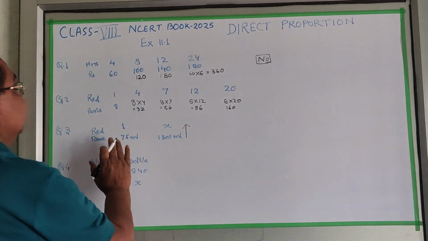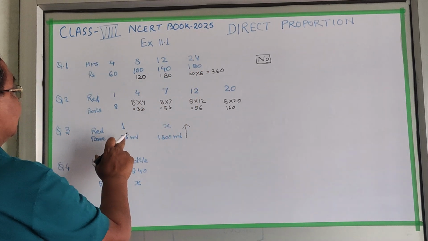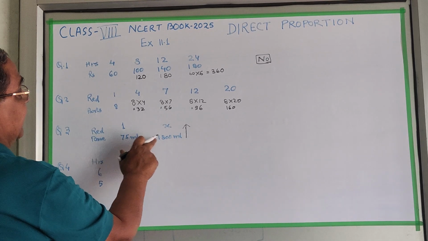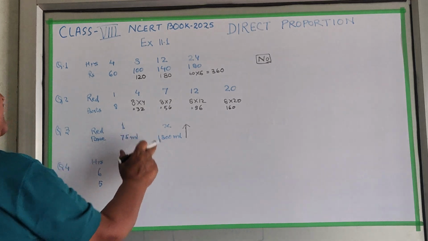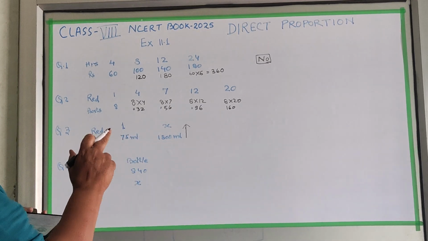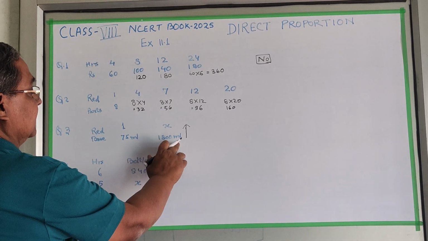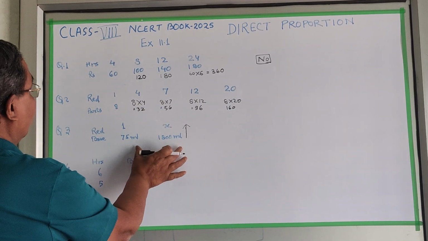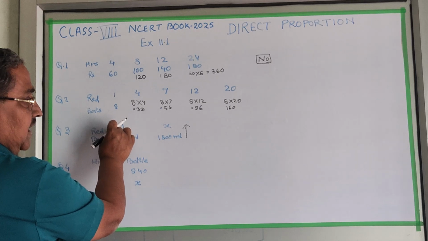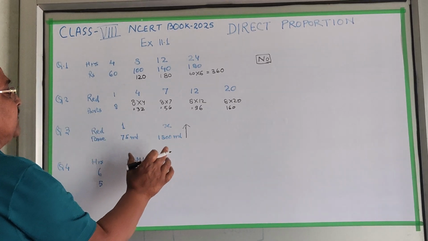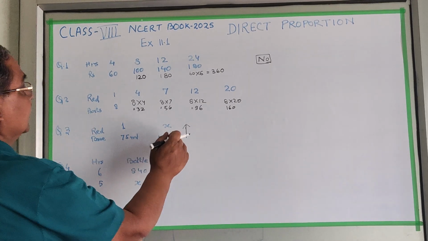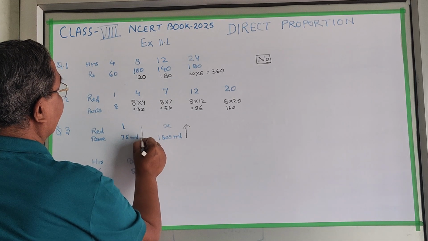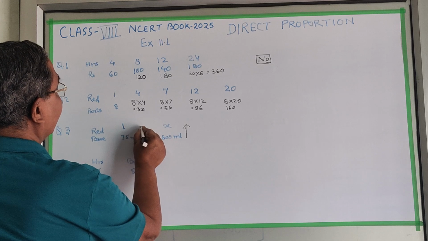Now it is a question of direct proportion, because if you increase the base, then red pigment should also increase. If you reduce it here, red pigment will also reduce. So the base corresponds to the red pigment, and it is a direct proportion question. In direct proportion questions, one arrow always goes like this, and the second arrow also goes the same way.